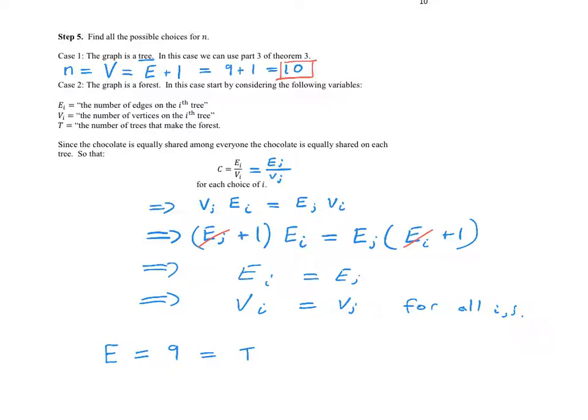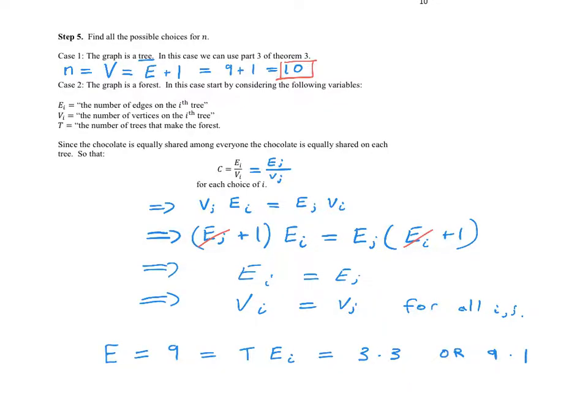And each of those trees has e sub I edges on it. So the number 9 is an integer. The capital T is something bigger than 1. So there's only so many possibilities for this. Capital T could be 3, and we could have 3 times 3, giving us 9. Or capital T could be 9, and we could have 1 edge on each of the trees.